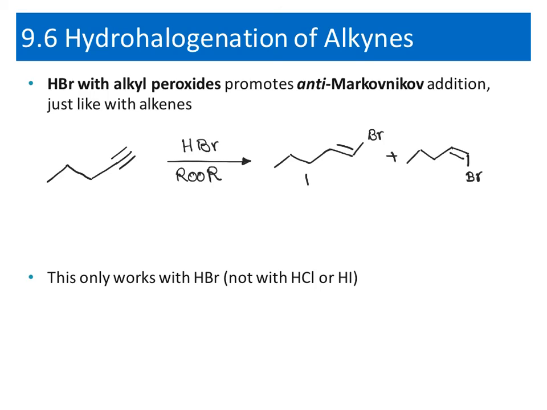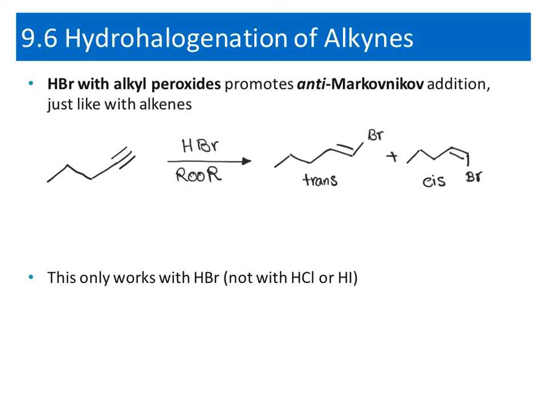Okay, so this is the trans isomer and this one is the cis isomer. So addition is anti-Markovnikov, meaning that hydrogen will be added to the more substituted position and halogen will be added to the less substituted position. So it is shown here, and we are going to form a mixture of cis and trans isomers.